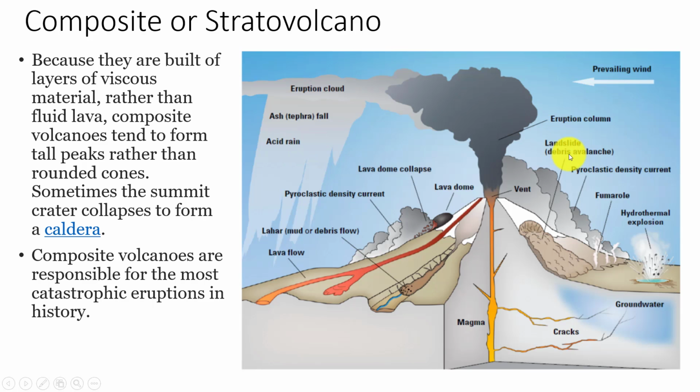There can also be landslides and other related hydrothermal explosions. This right here, I want to point out to you, is a lava dome, and they're very common on the side of a volcano or mountain, and they are areas where the pressure builds up and there are explosions there as well.